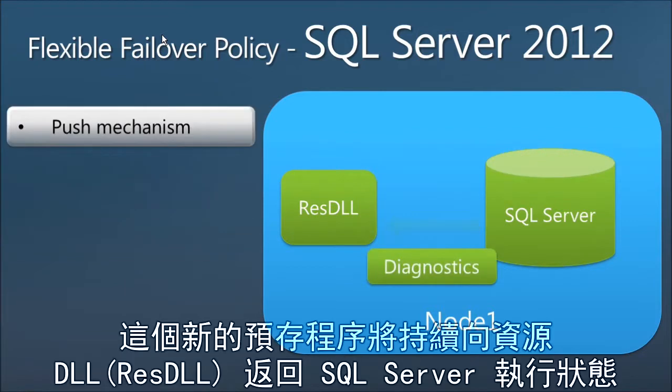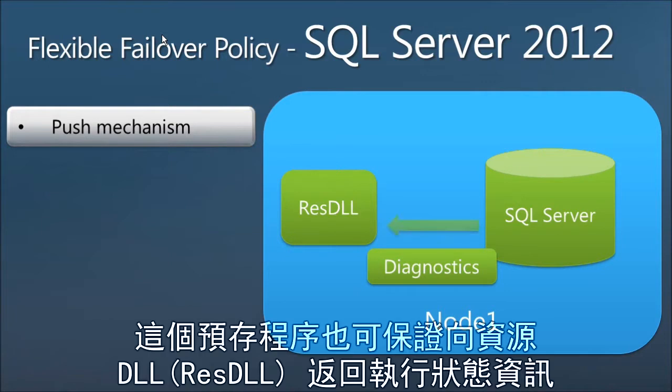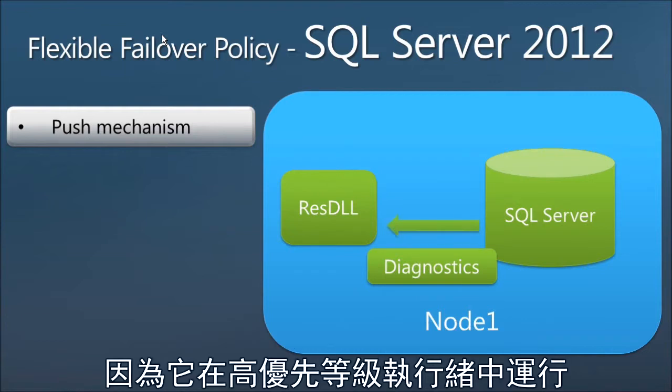This new stored procedure will keep pushing the SQL Server health state back to the resource DLL. And even if the SQL Server is very busy, this stored procedure can guarantee the health status is returned to the resource DLL because it is running in a high priority thread.